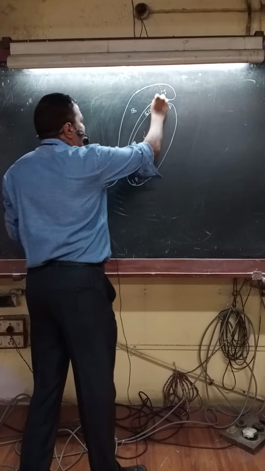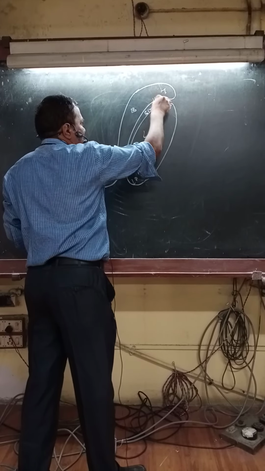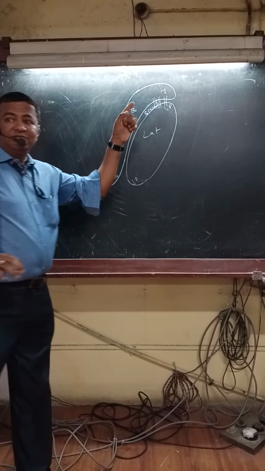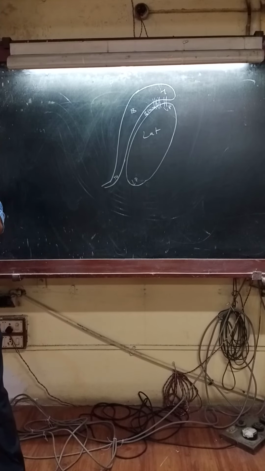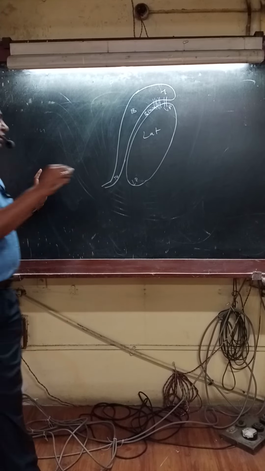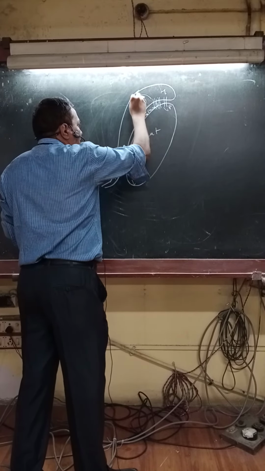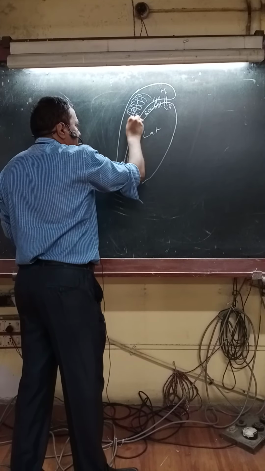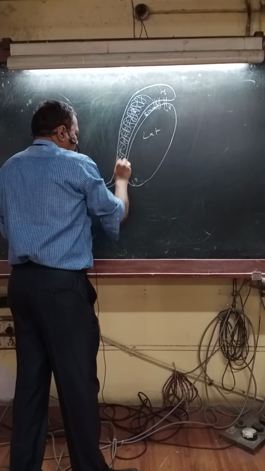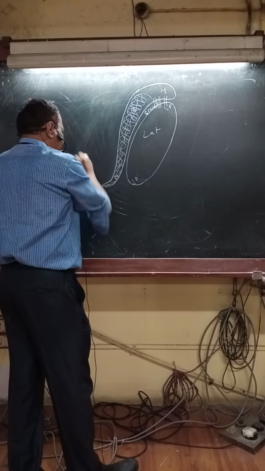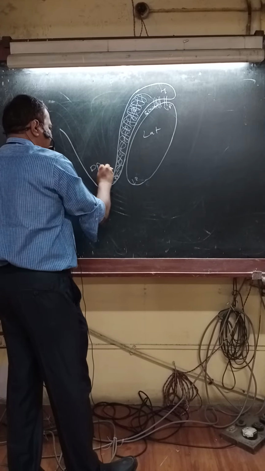So from the rete testis, the vasa efferentia go like this. These are the vasa efferentia, which carry the sperms to the head, and inside the body of the testis is the duct of the epididymis, which becomes the ductus deferens at the tail.